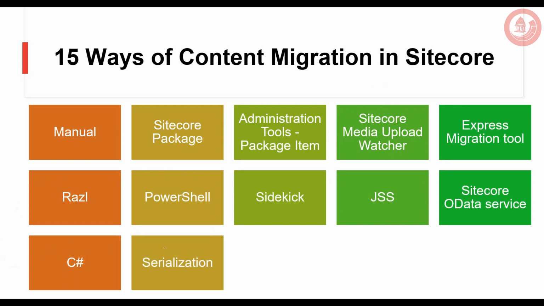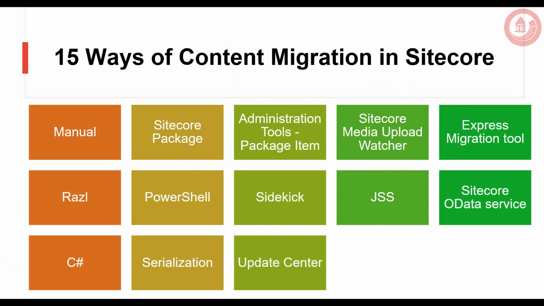You can use serialization, where you are creating the files at your operating system level for your Sitecore items, and through those files you can then deserialize them. You can recreate your content tree later on.